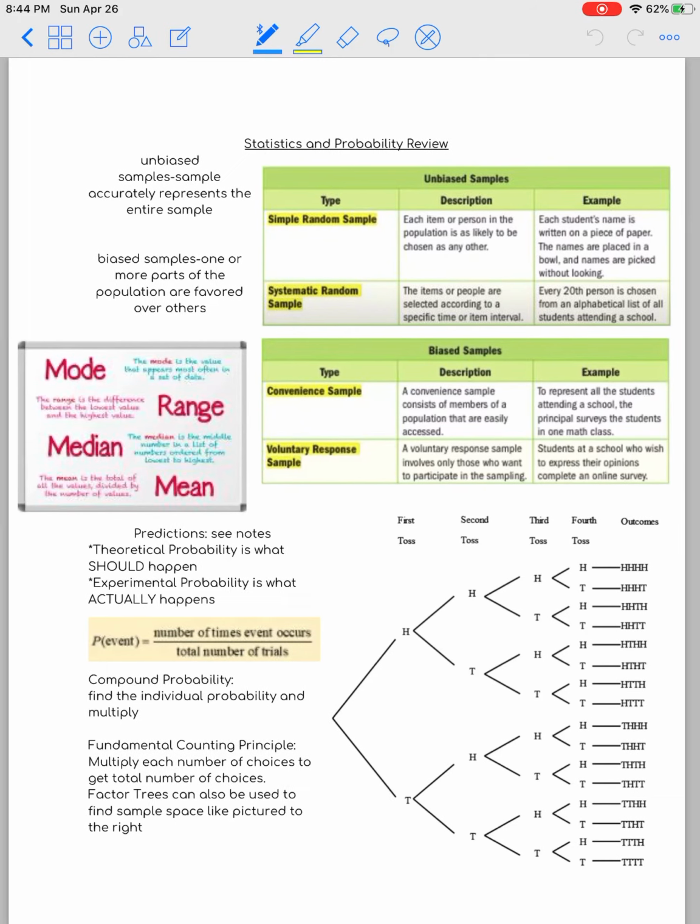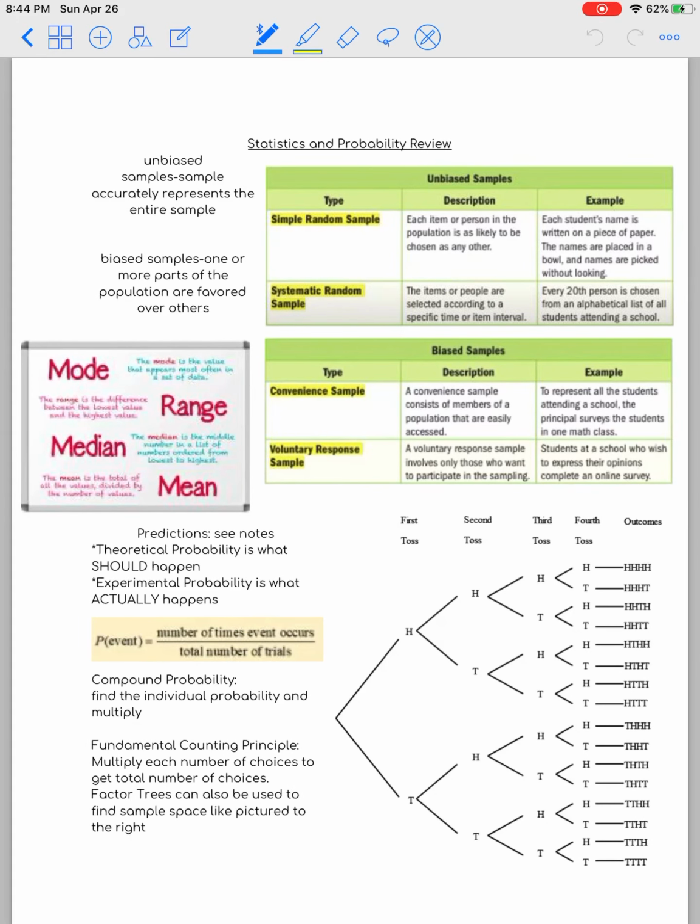I'll talk about predictions a little bit. On predictions, you have theoretical and you got experimental. Remember that theoretical is by theory what should happen. Experimental probability is what actually happens. When you look at something and you see P and then an event, that's going to be probability.